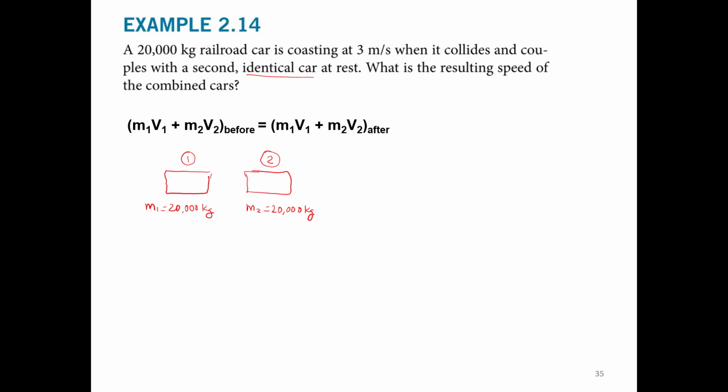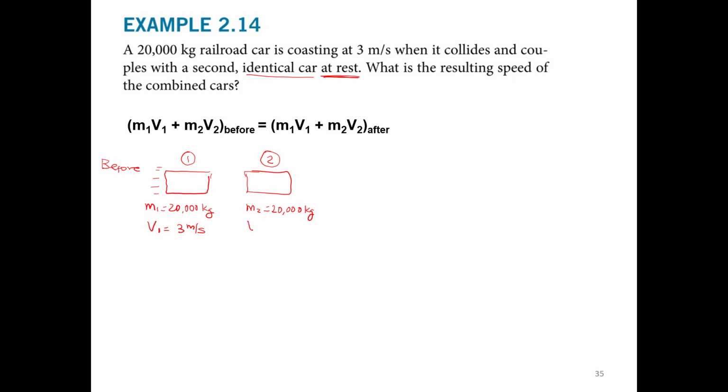But what happened with the velocities before? Yes, this happened before. What happened with the velocities? This car was moving. Yes, the velocity before, for one, was 3 meters per second. But the other car was at rest.